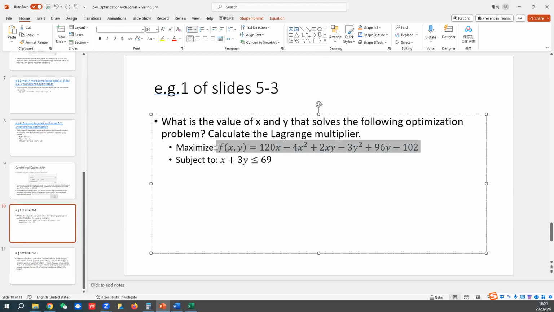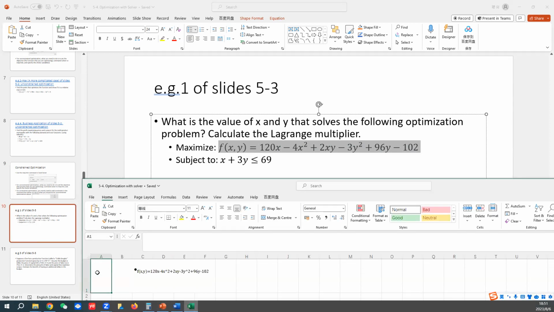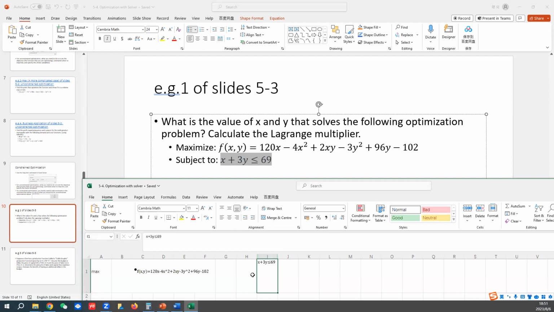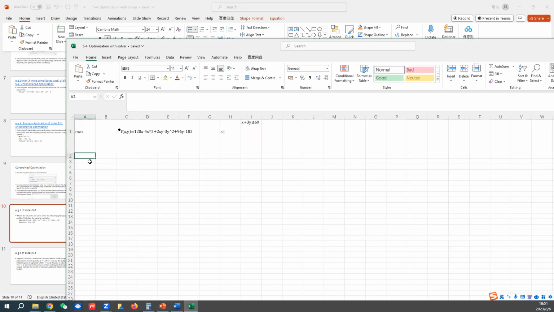Here we were to maximize the function, and the constraint is this, subject to. What you are to do is pretty straightforward.